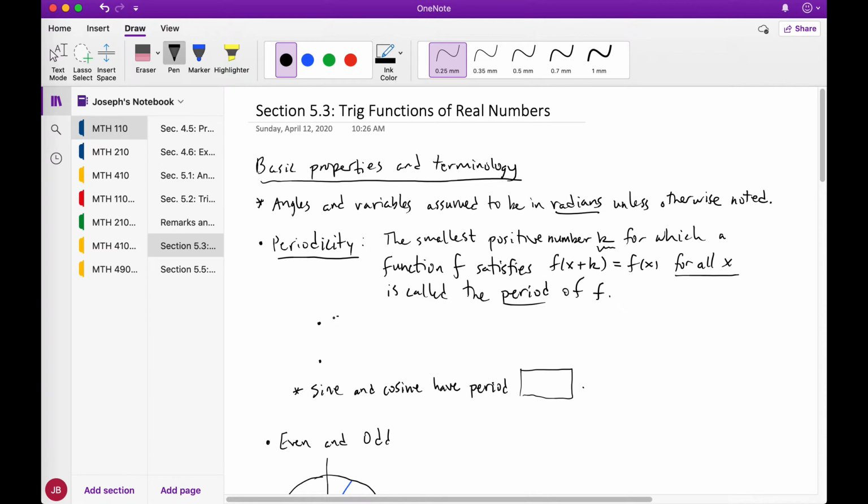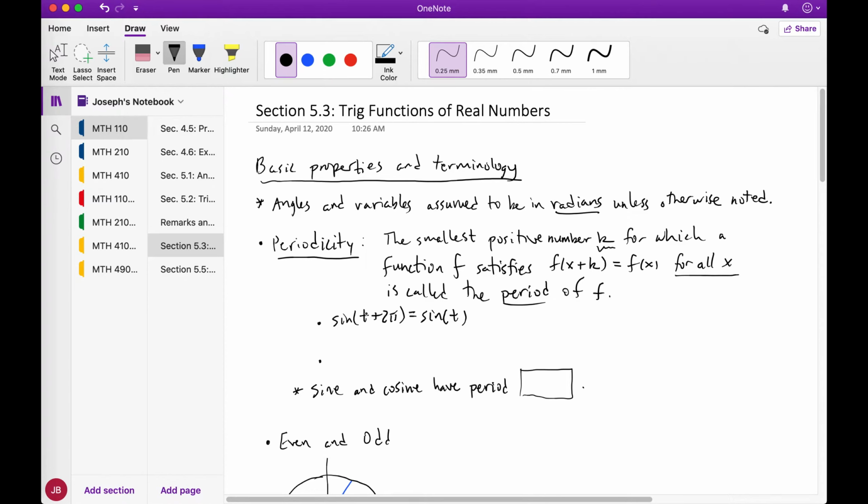And so I know that sine of t plus 2 pi, let's say, is always equal to sine of t, right? Because I'm essentially going one more full rotation around the circle from my current angle. And remember, our variables here are assumed to be in radians, so I'm adding radians to radians here.